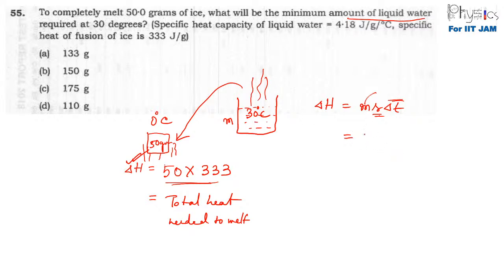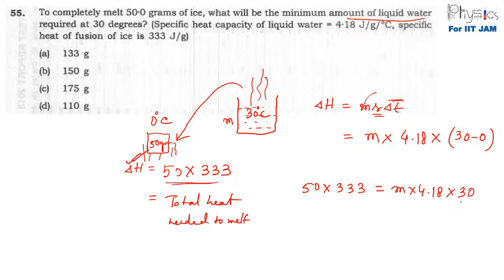Okay, so m here is unknown, s is 4.18 and delta T is 30 minus 0, that is 30. So 50 times 333 equals m times 4.18 times 30.